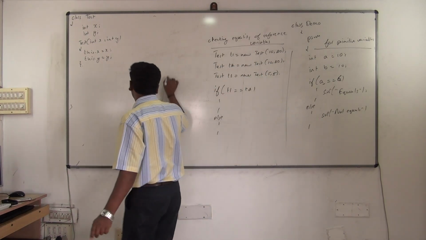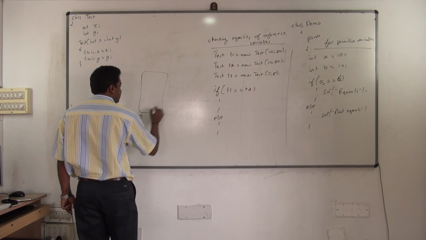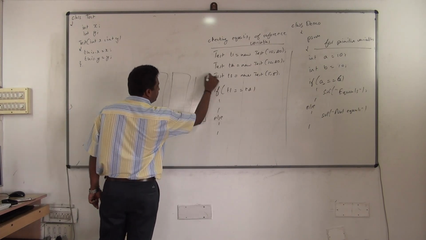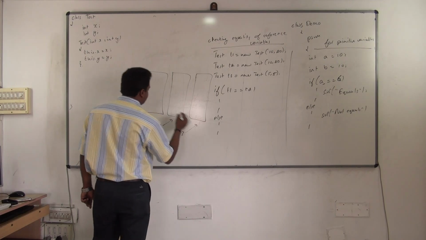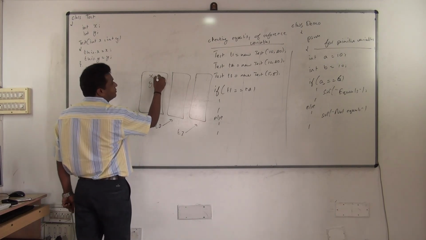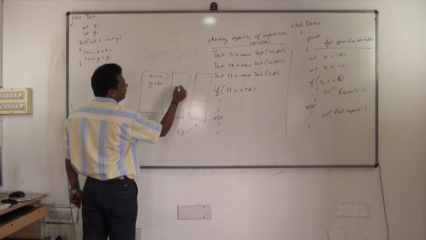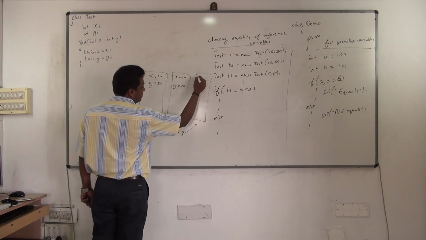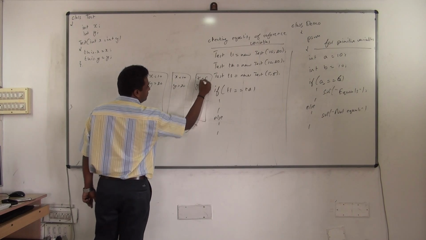See, there are three objects now currently. This is t1, this is t2, and this will be t3. t1 contains the values 10 and 20, t2 contains the values 10 and 20, t3 contains the values 5 and 5.